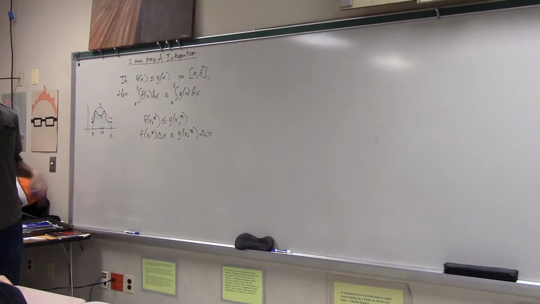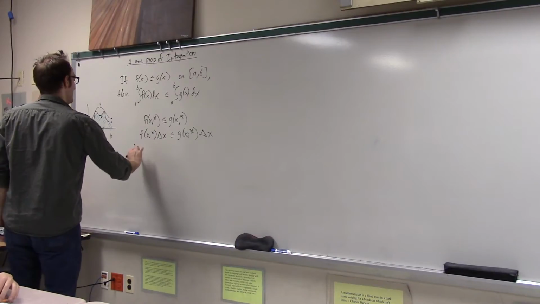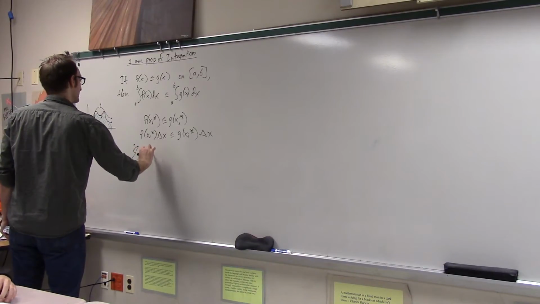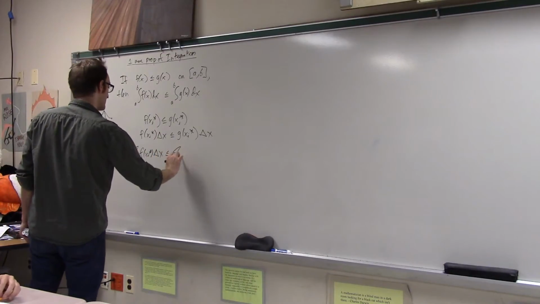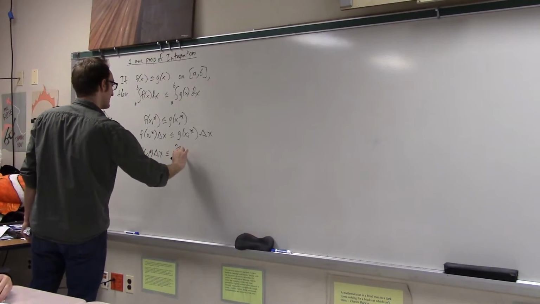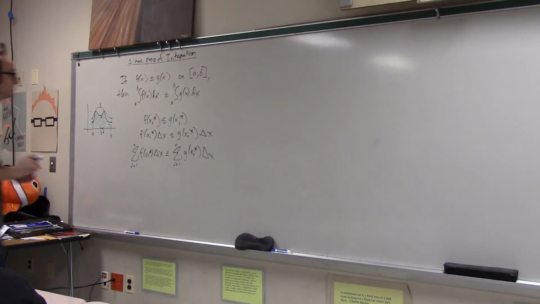So if you have n of these inequalities, you can add them all up, and we get the sum from i equals 1 to n of f of x sub i star delta x is less than or equal to the sum from i equals 1 to n of g of x sub i star delta x. And finally, if one thing is less than another, what should I do? What's the last thing I need to do? Yeah, Prem says take the limit.